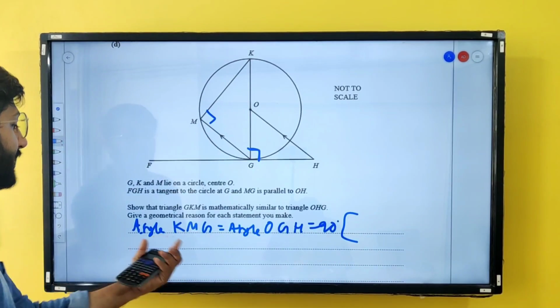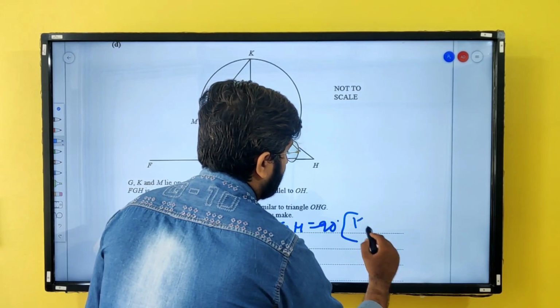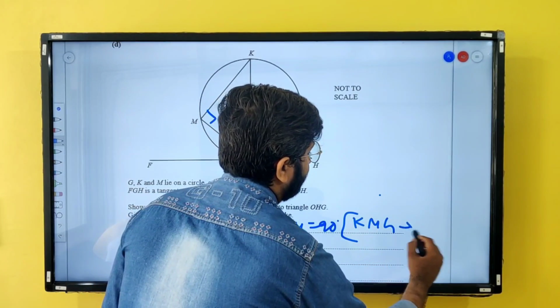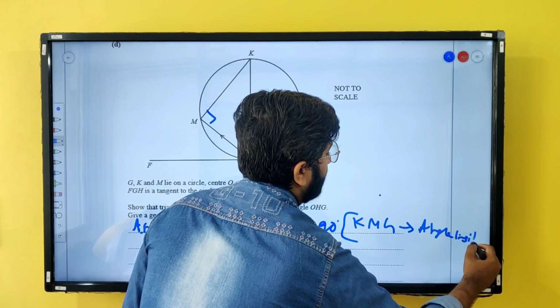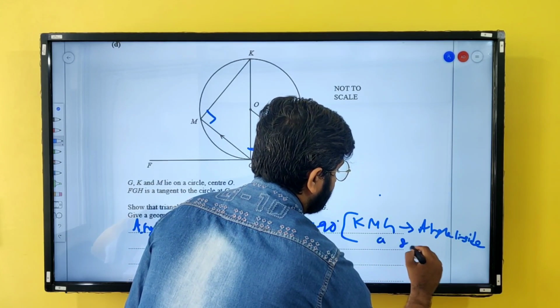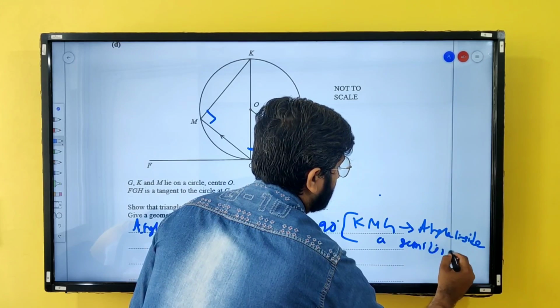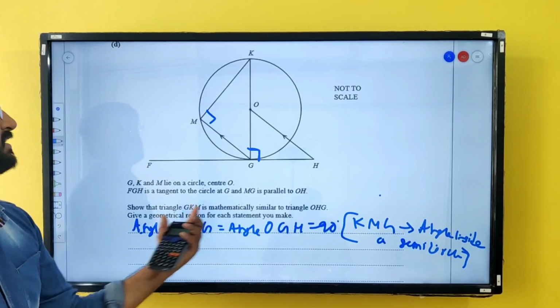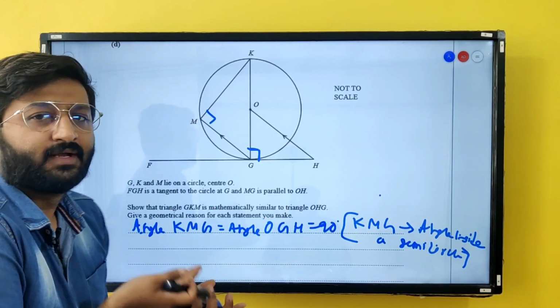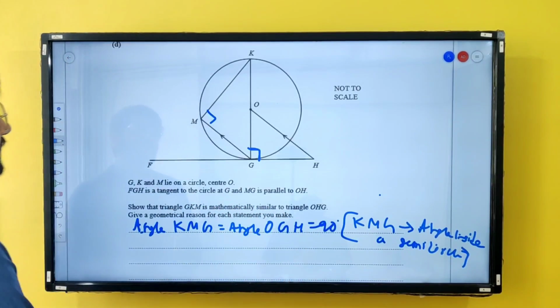Right? For the reason you can write angle KMG is an angle inside a semicircle, or you can write triangle inside a semicircle, and OGH is a tangent. It is already given, so you don't need to write the reason, right?